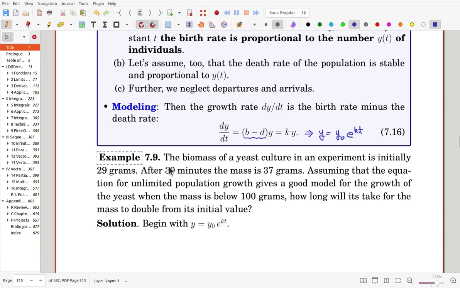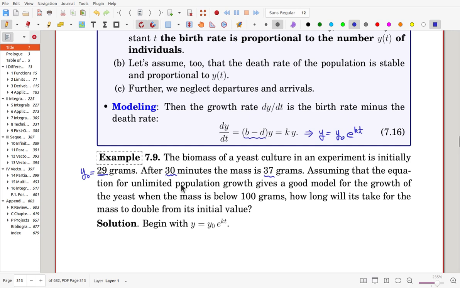The biomass of a yeast culture in an experiment is initially 29 grams. So y0 is 29. After 30 minutes, the mass is 37. When t is 30, the y value becomes 37.